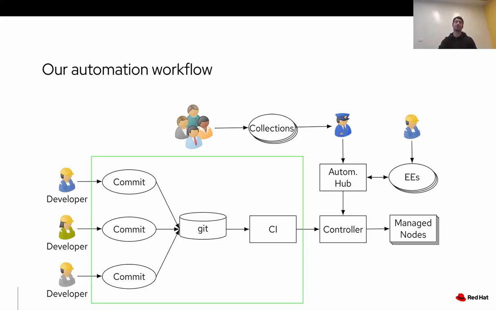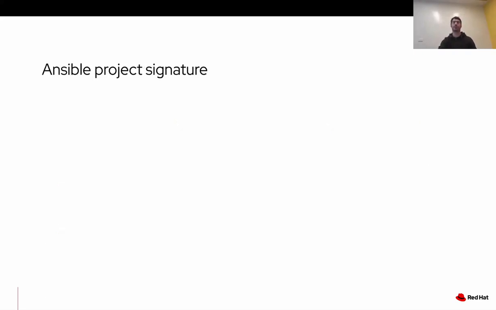Another thing we can do is to use Ansible project signatures to further this trust. Ansible has the ansible-sign binary. It's part of the Ansible core project. And what you can do is a very similar process to what we did for the commits, at the project level.